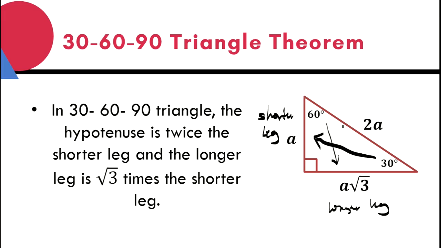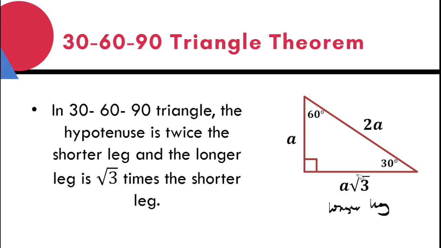Of course, the side opposite to the right angle is the longest side, or what we call the hypotenuse. To identify the shorter and longer legs, just look at the interior angles. If this side is opposite to 30 degrees, it's the shorter leg. If this side is opposite to the 60-degree angle, then it is the longer leg.